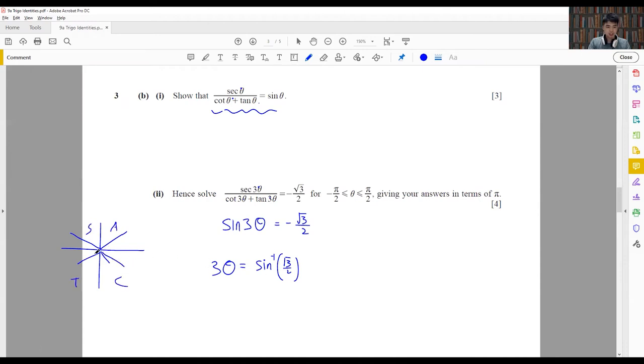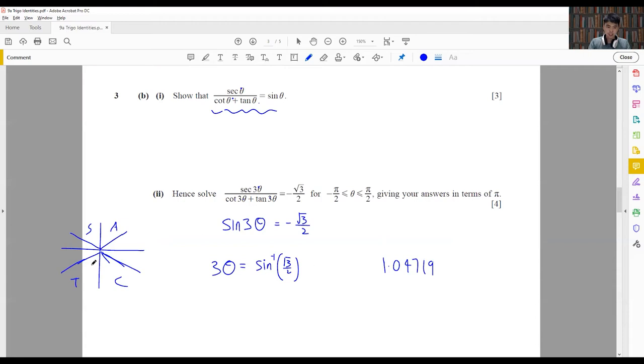Okay, the answers here are going to be in the T quadrant and the C quadrant shown here. So let's find this value here first. Inverse sine of sine 3 over 2, you would have gotten a value of 1.04719, okay? Let's just write down some extra values just in case.